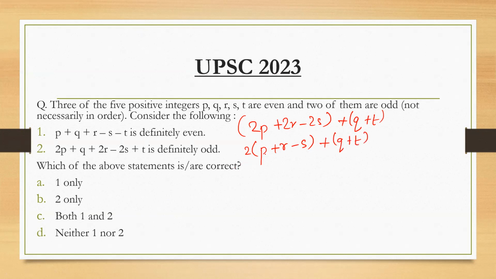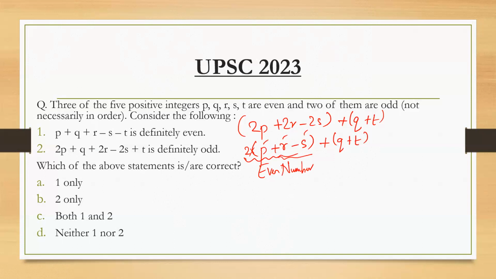Any problem here? No, sir. Okay, so now it does not matter what the value of p, r or s is. Why? Because at the end of the day, I am multiplying it with 2. So that means it becomes an even number. This entire expression becomes an even number.